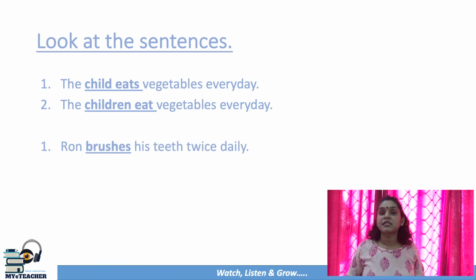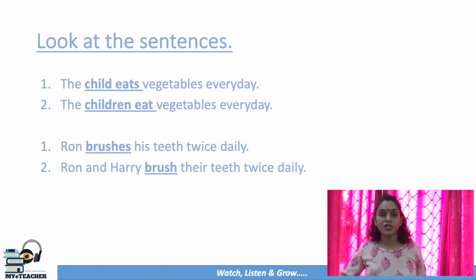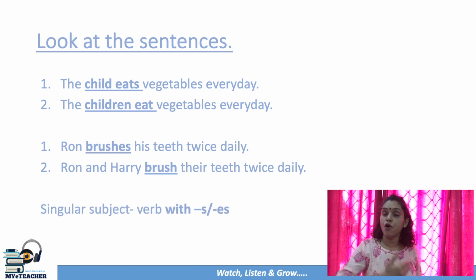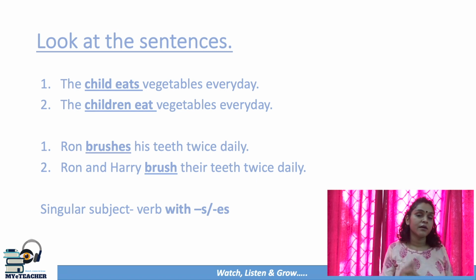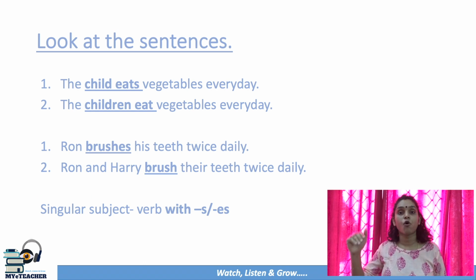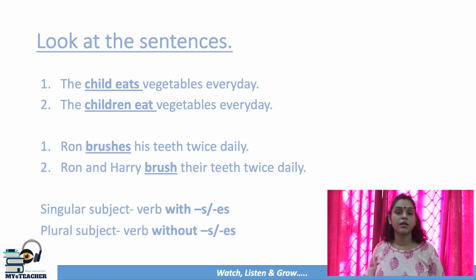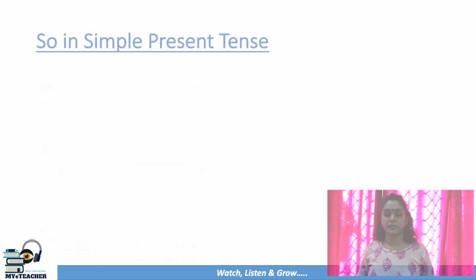Ron brushes his teeth every day. Ron and Harry brush their teeth every day. So, with Ron we used brushes, and with Ron and Harry we used brush. So, when the subject is singular, then the verb has an S or an ES along with it. But if the subject is plural, then we do not add an S or an ES.